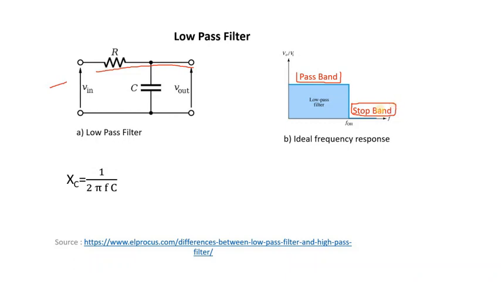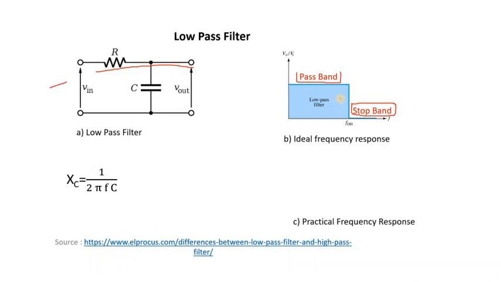So a filter is nothing but the adjustment of these two bands, pass band and stop band. If you swap the bands, what happens? It becomes a high pass filter.